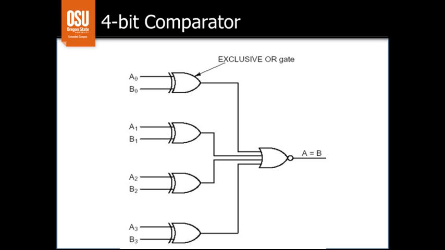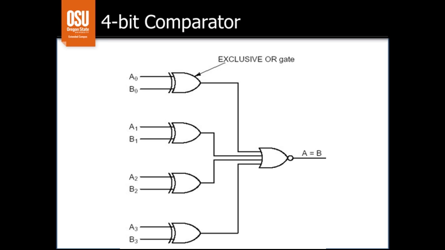If A1 is equal to B1, the second gate will output a 0, and so forth. If they differ in any of those bits, for example, if A2 is not equal to B2, then the exclusive OR gate will output a 1, and that would cause the NOR gate to output a 0.